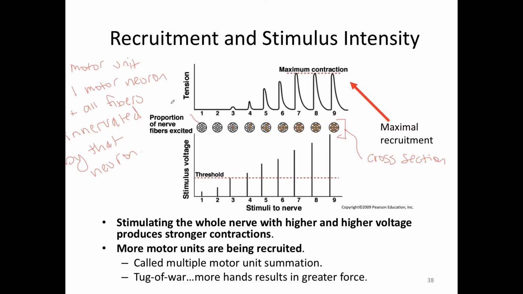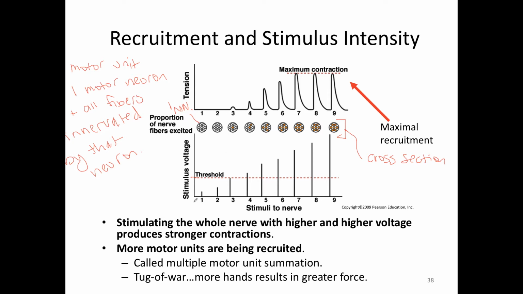So this is one motor neuron. So down here we have the stimulus to the nerve, and this is just stimulus voltage in millivolts, but it's unitless here because it doesn't really matter. We're just looking at more or less. We also have a threshold, which is the minimum stimulus required to excite a neuron and therefore a muscle.